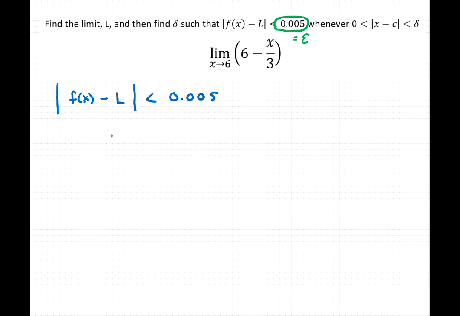So what is L in this case? We could use direct substitution here and plug in the 6 for x. So this limit looks like it's 6 minus 6 over 3, or 6 minus 2, which is 4. So L equals 4.